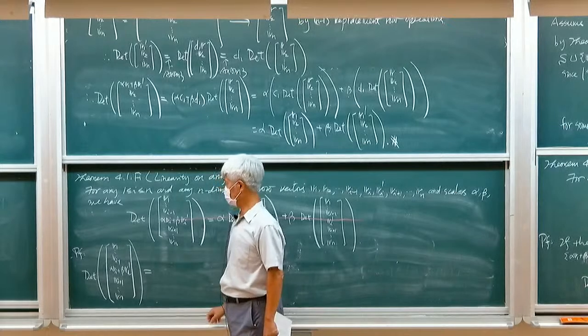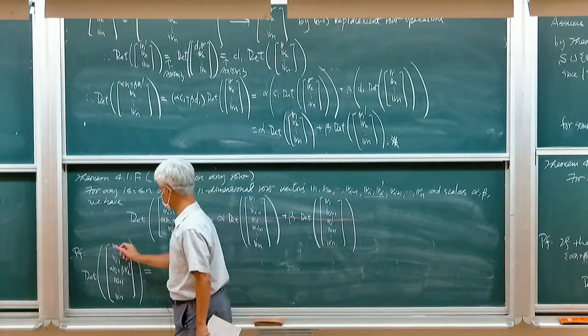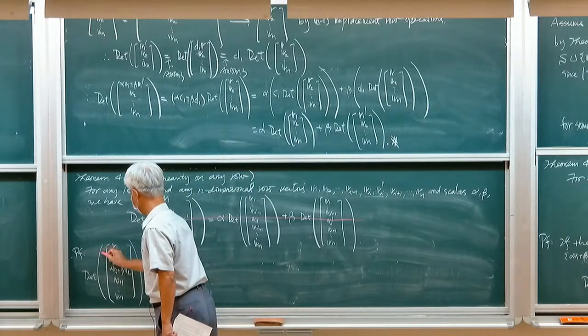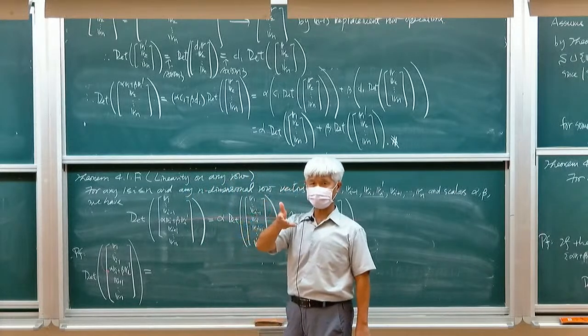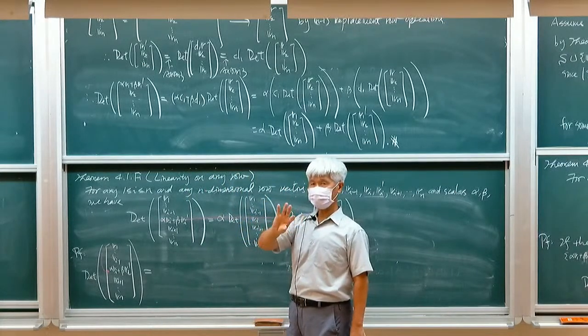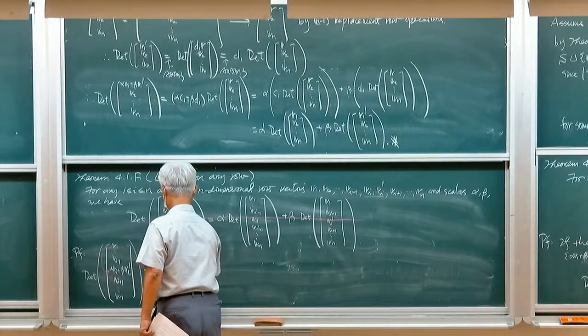Now you do your exchange of the first and the ith row. When you do the exchange, you change the sign of the determinant.